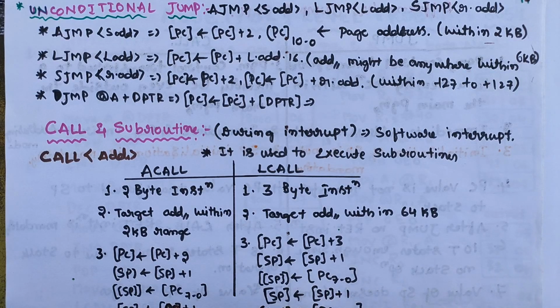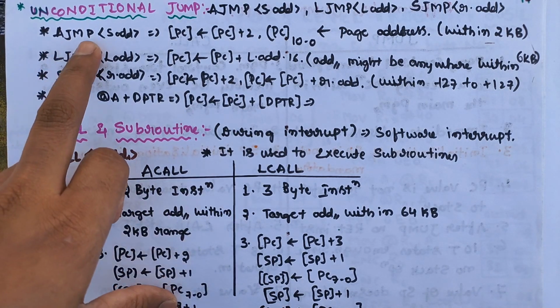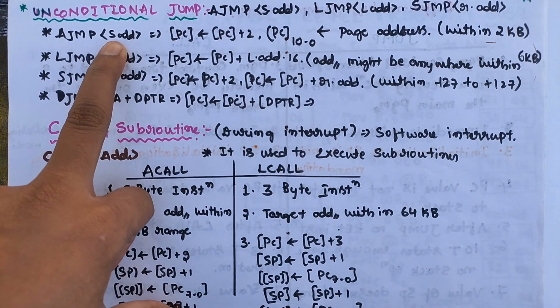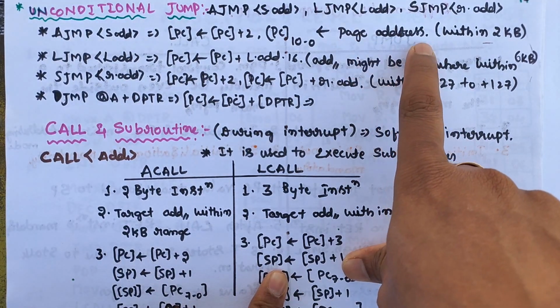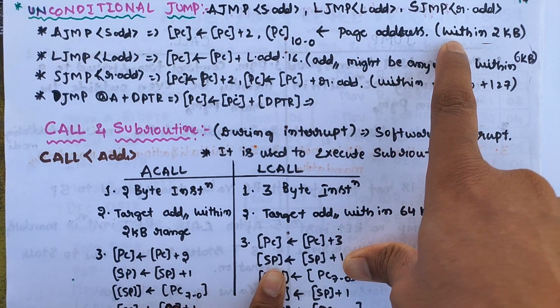For AJMP, we already discussed the absolute, long, and short ranges in the last lecture, and the jump occurs based on that. In AJMP we give a short address, which is a page address within the main program.